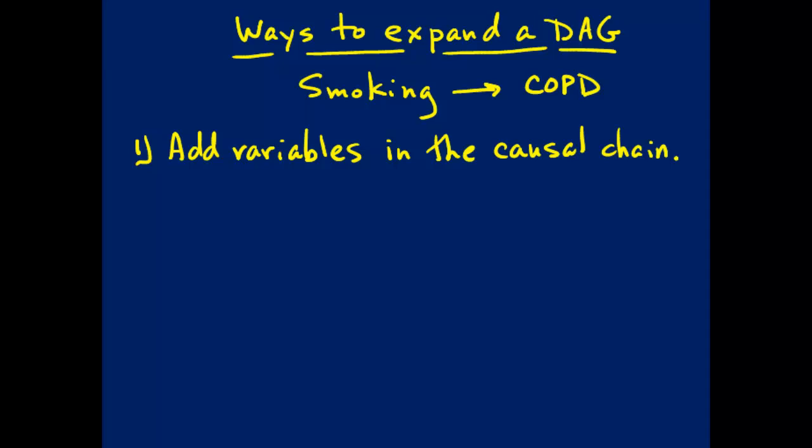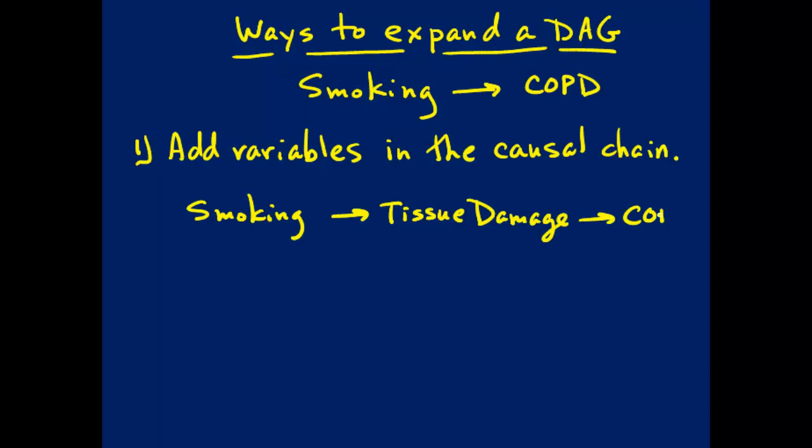So for example, for smoking as a cause of COPD, I might say that what actually happens is that smoking causes tissue damage in the lungs, and it's that tissue damage that causes the COPD. So this way I'm adding one variable in the causal chain, which is tissue damage.